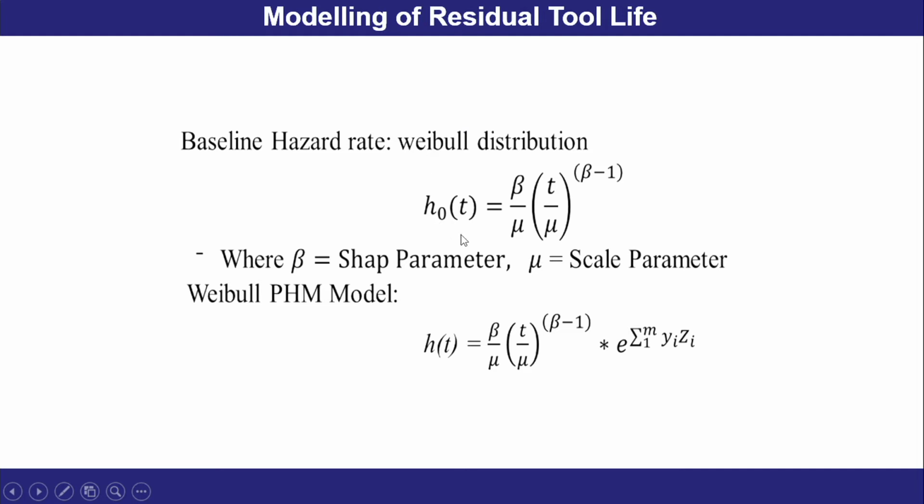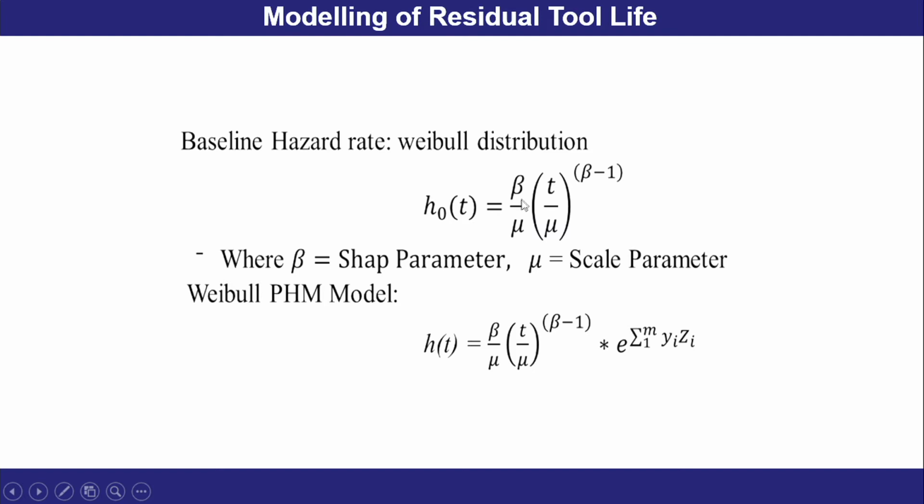Or I can model the cutting tool wear based upon the residual life, that is, for a particular operation, how much life is remaining with the cutting tool. For modeling the residual life, we generally take a Weibull distribution. This is the Weibull distribution formula. Now, why have I taken the Weibull distribution, why not other distributions?